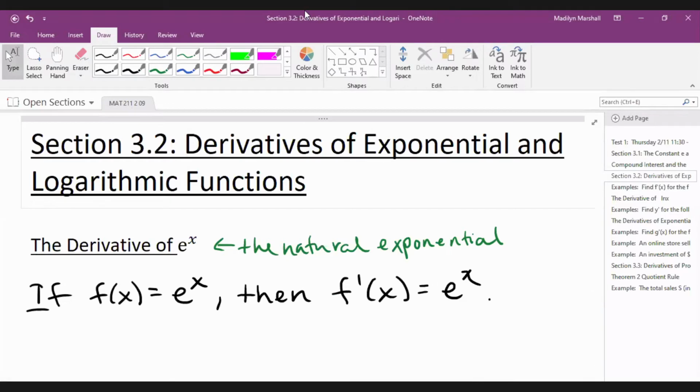Is e typically always paired with banking type situations? Not necessarily, but a lot. It does give us continuously compounded interest, but it also comes up a lot in any kind of growth models, anything that grows exponentially, like bacteria in a petri dish would grow exponentially for some period of time, and so this might be a way to model it.